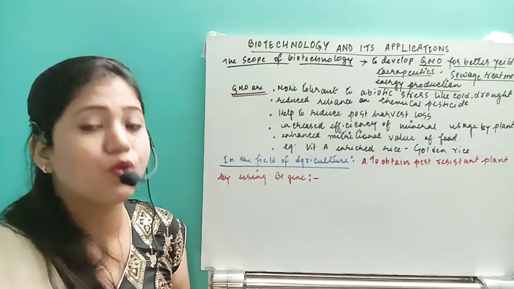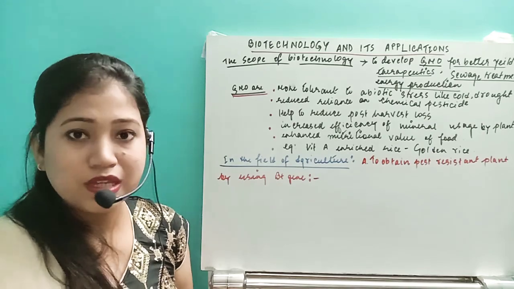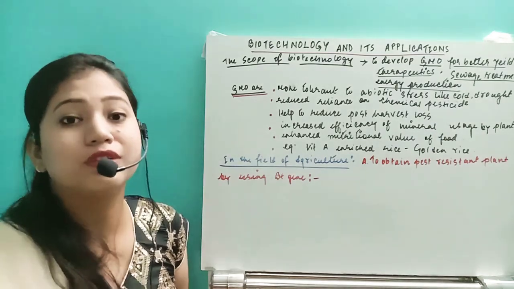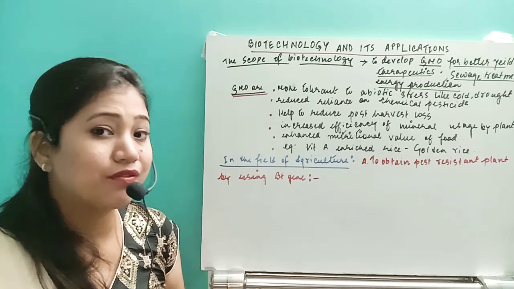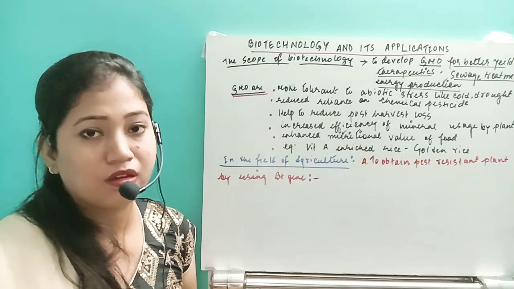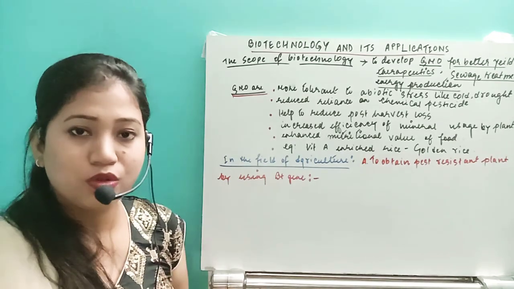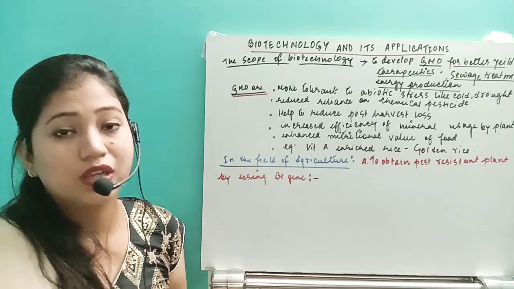Along with that, we can also decrease the use of different types of food, because we have to purchase the food, we have to cook the food, and we have to eat it. If we get only that specific rice, the golden rice, then by this golden rice we are able to get vitamin A also, and carbohydrate also.